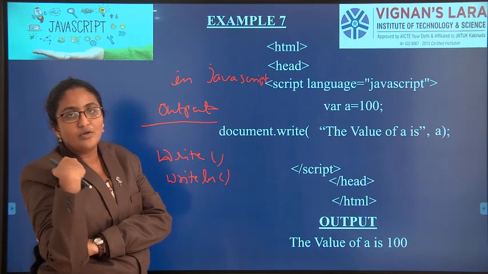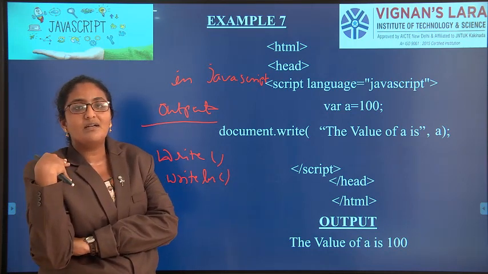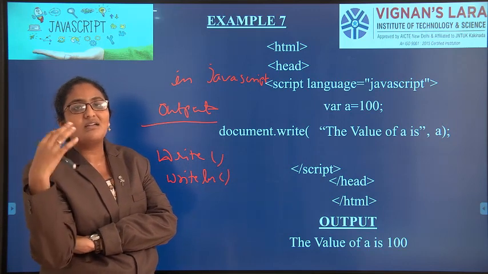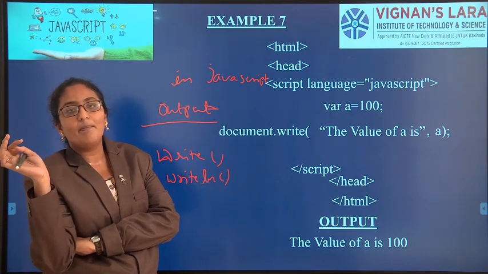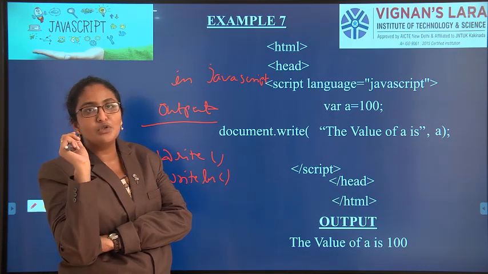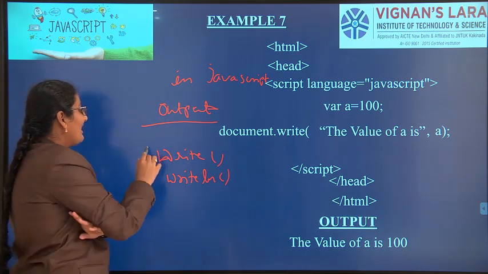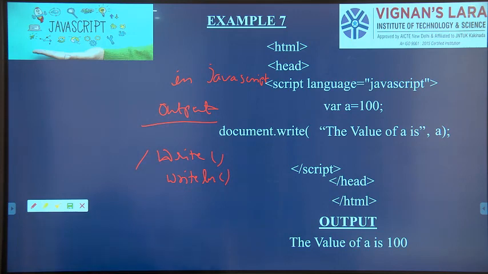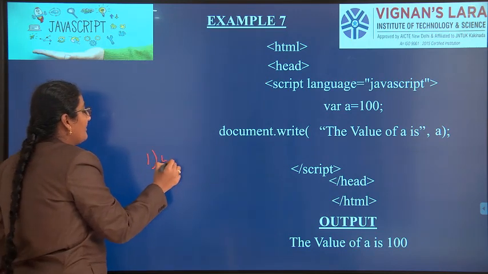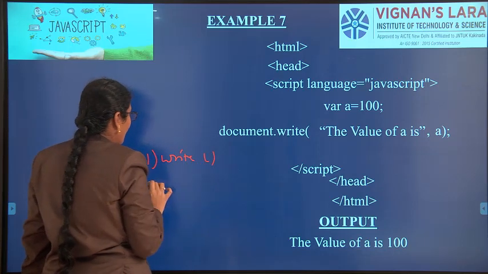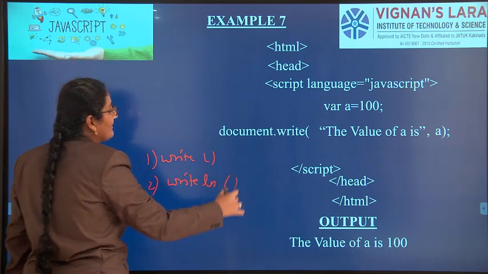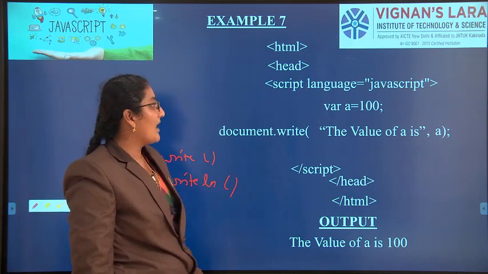Whatever we have discussed today, we started with operators and discussed arithmetic, assignment, bitwise, logical and ternary operators, everything. After operators, we have the write method and the writeln method. So two methods we have for output in JavaScript.